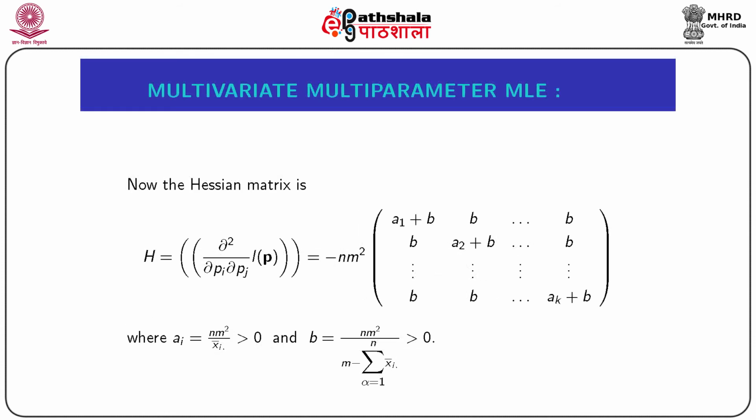As a result, the Hessian matrix is here capital H equal to minus n into m square into a matrix whose diagonal elements are a1 plus b, a2 plus b, ..., ak plus b, and all the off-diagonal elements are b, where ai is nothing but n into m square divided by xi dot bar, and that is positive, and b equal to n into m square divided by m minus summation i from 1 to k xi dot bar, which is also positive.